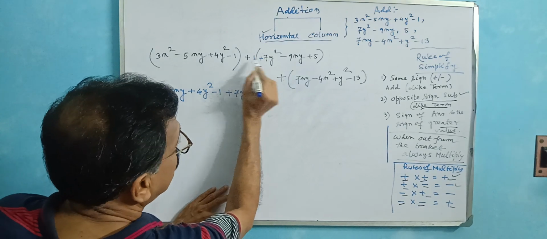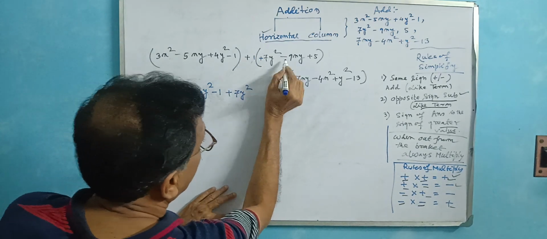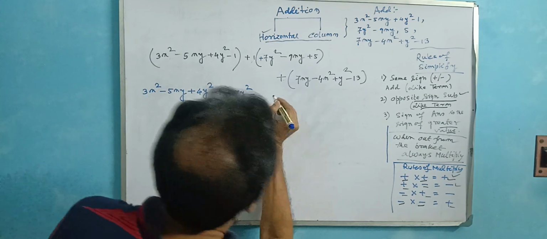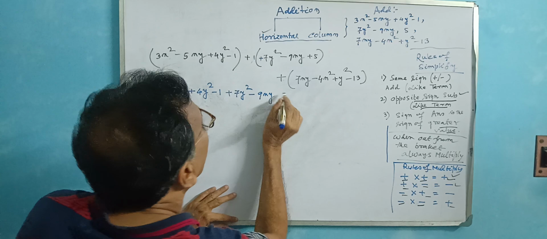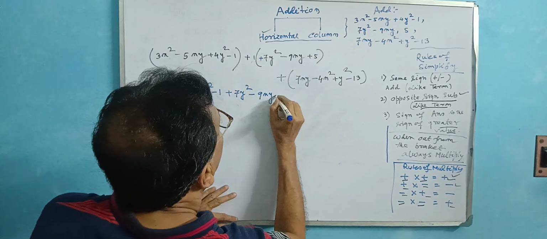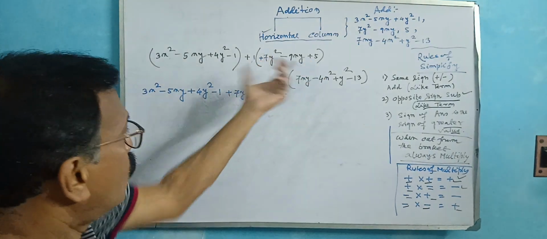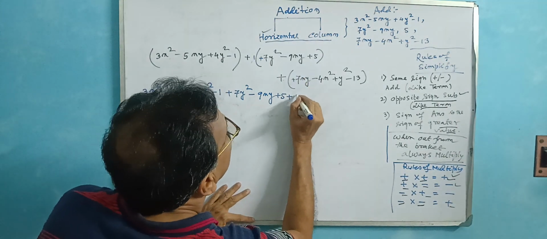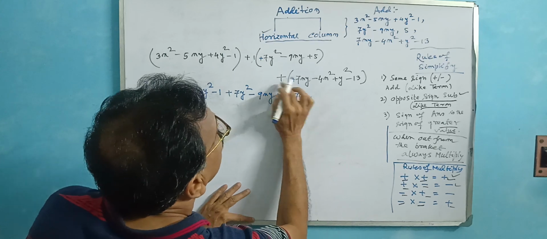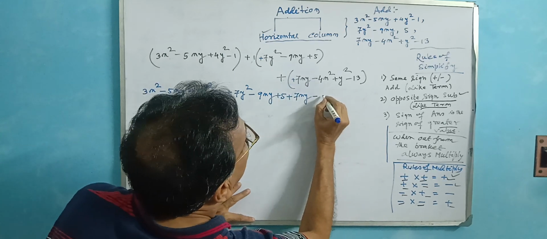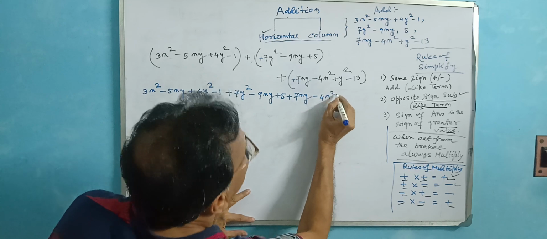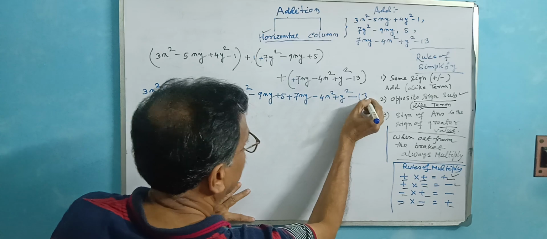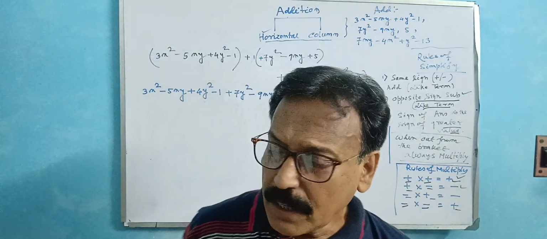Now very careful: plus minus, here is plus, here is minus, plus minus, this is 9xy, and now plus plus plus 5. No problem. Now here also, plus plus plus 7xy. This is plus minus minus 4x square, plus plus plus y square, plus minus minus 13. This is the horizontal way.